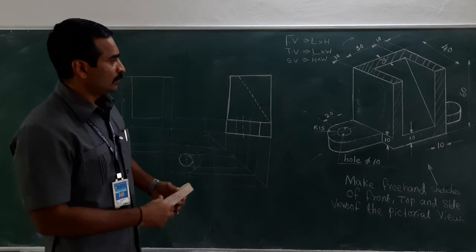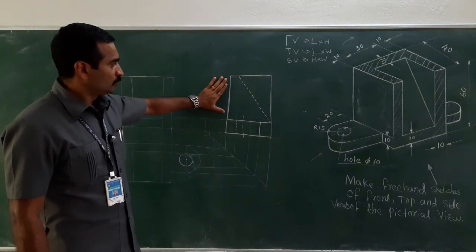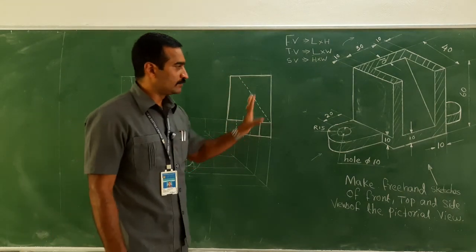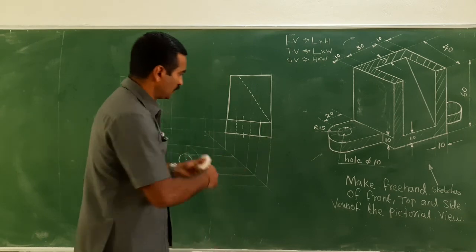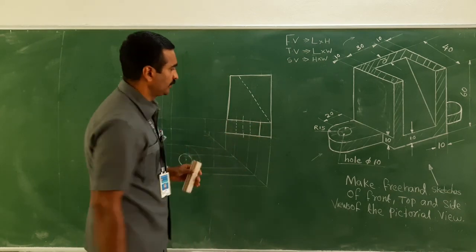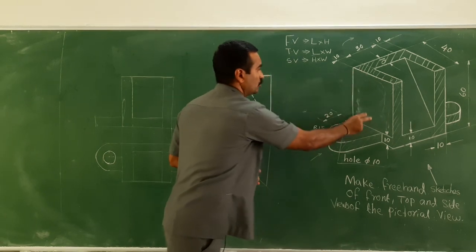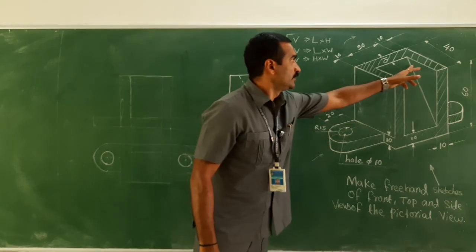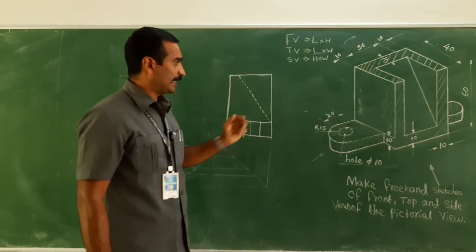Fine. Before proceeding to the other views, you have to make sure you have captured all the visible as well as the hidden things. Here this portion would be visible. I have constructed the rectangle here, and this portion would be visible, which I captured here, and this inclination is invisible, which I captured here.